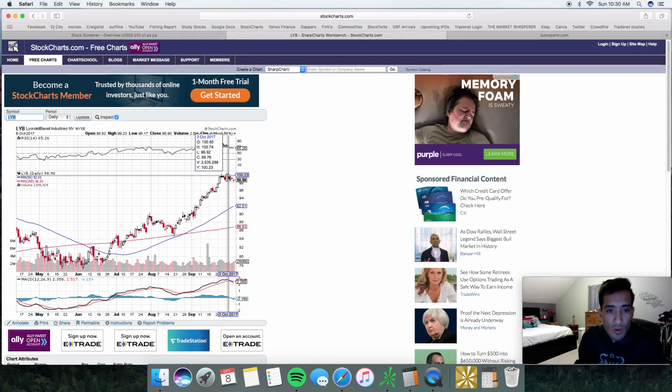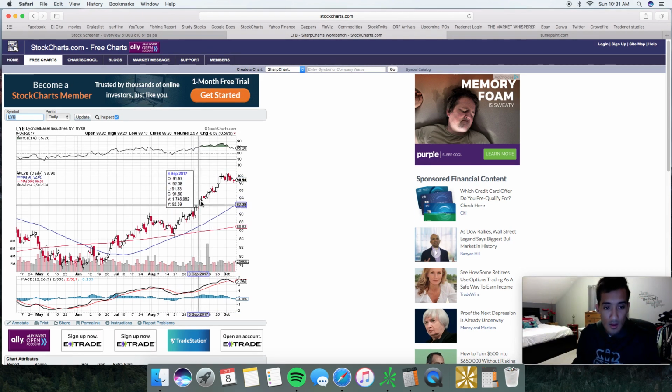So the highest peak, which would be the break of that, would be $100.75. So let me write that down. LYB over 174. Okay, it's up movement, sideways consolidation, and a break of that high.